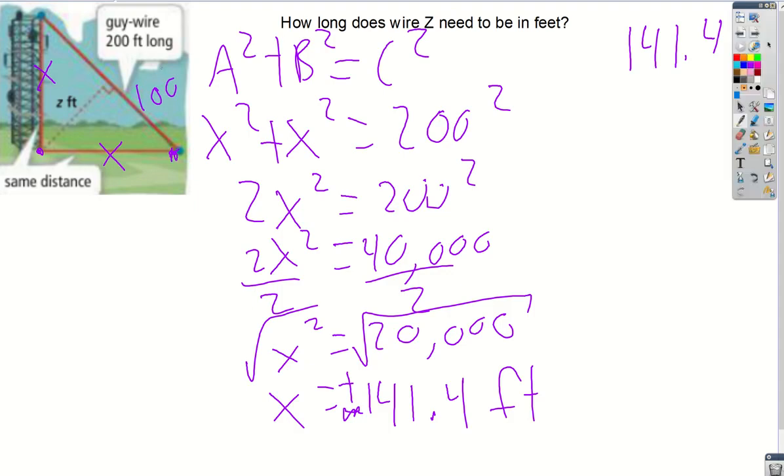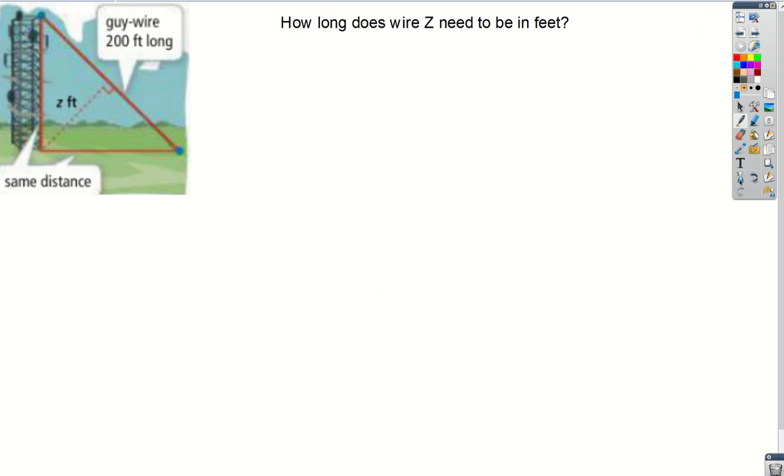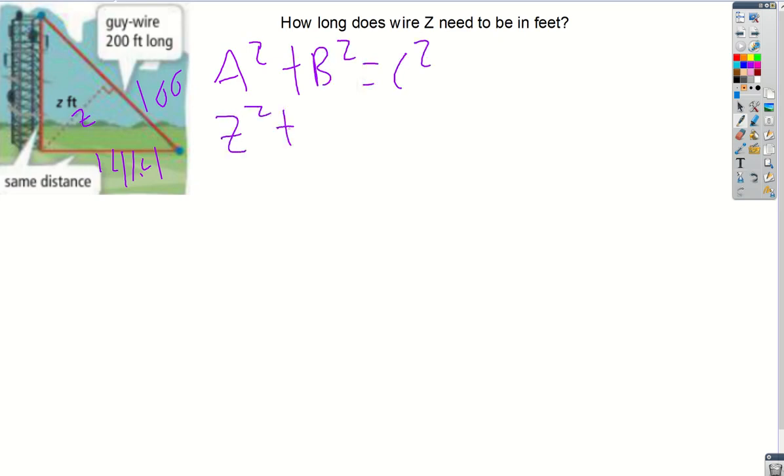So that means that I had 141.4 here, 100 here, and this is z, which means going back to our equation, it's going to be a squared, I don't know, plus b squared is equal to c squared.